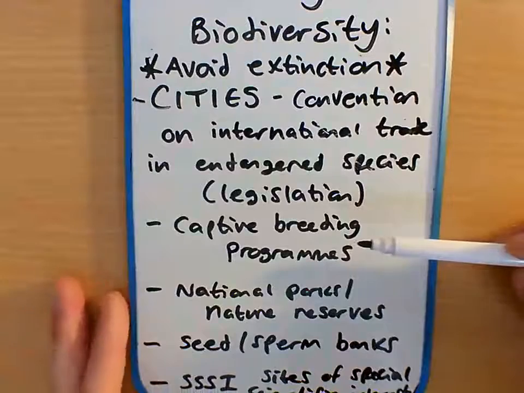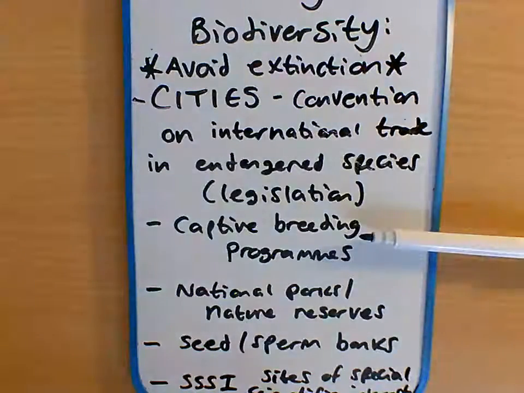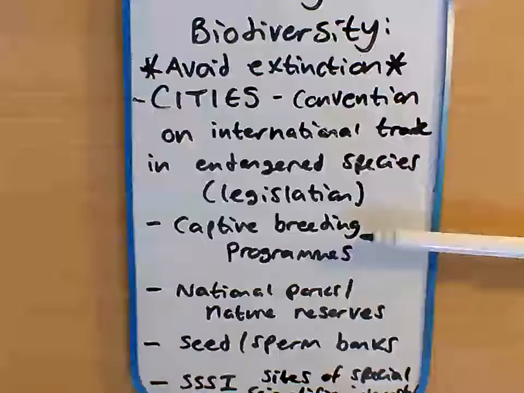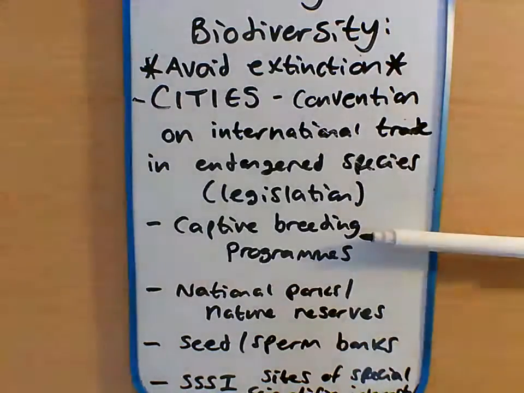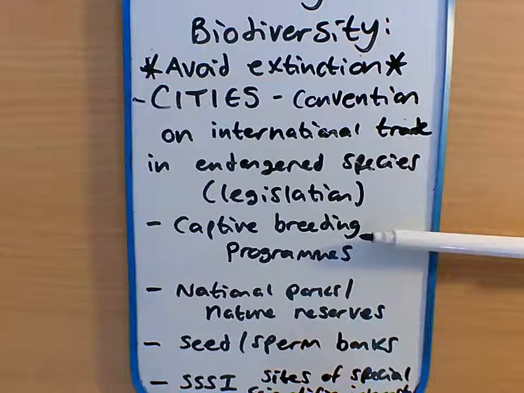Could be captive breeding programs. So this worked quite well for the American bald eagle, which is one of the symbols of America. It's on a lot of their coins and their dollar bills. And what happens is in zoos, the animals are bred, and then when they reach a certain age, they're actually released back into the wild, and they're bred and brought up in a certain way where human contact is minimized, so that they don't get used to human activity, so they're as wild as possible, so they have the best chance of survival in their natural habitat.